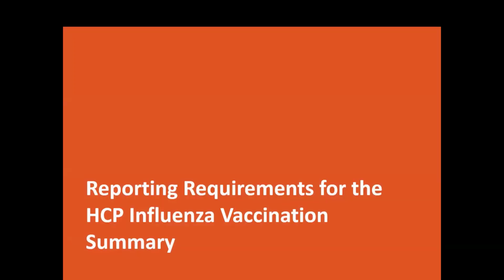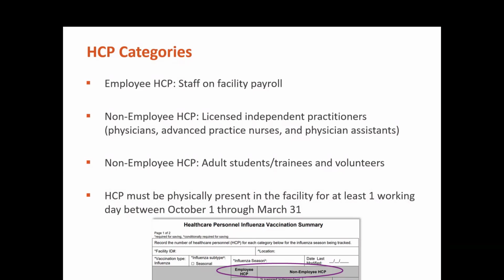Now we'll review the specific reporting requirements for healthcare personnel influenza vaccination data. There are 3 required healthcare personnel categories. One category consists of employees, while the other 2 categories consist of non-employees.